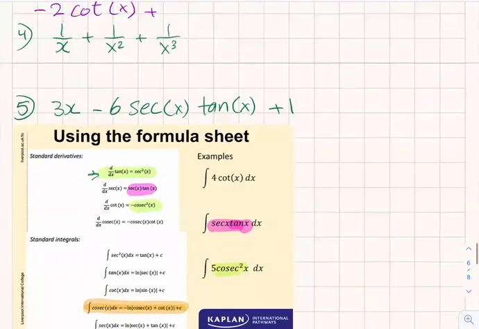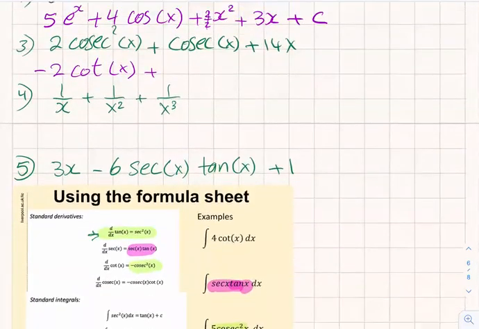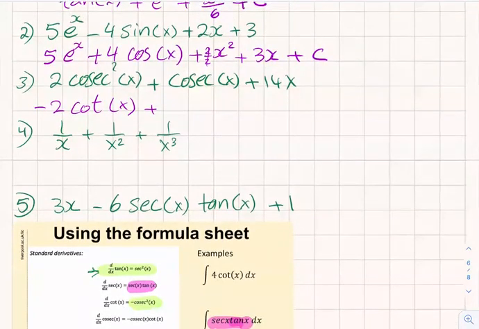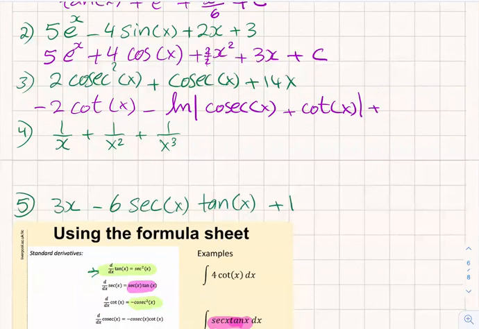So there's going to be minus ln of cosecant plus cot x. And plus 14x, it's going to be 14x squared divided by 2, so that's 7x squared plus c.